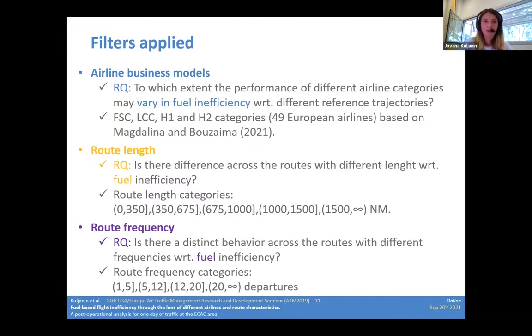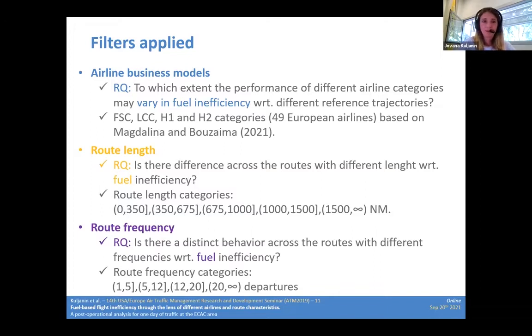So regarding the airline business models, as you already know, the most optimal trajectory from the airline point of view probably depends on the underlying business model. And as you already know, the traditional classification into full service and low cost carriers might no longer be valid in the current context of the ongoing hybridization among the airlines.